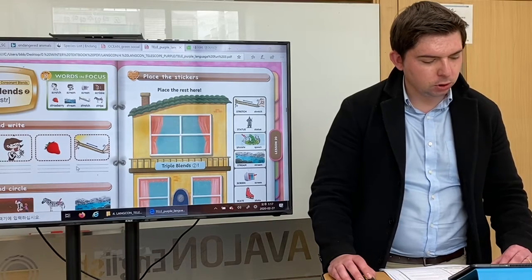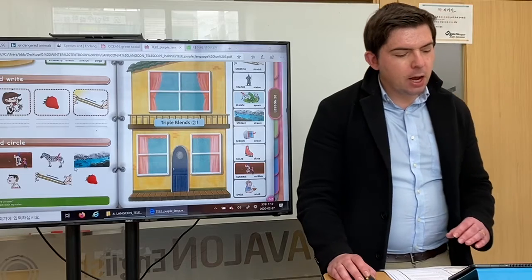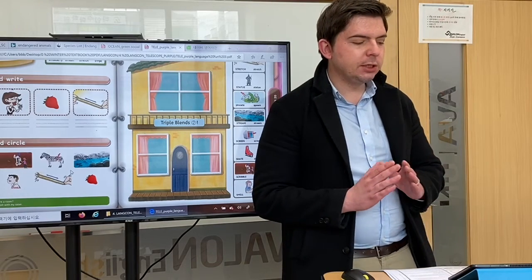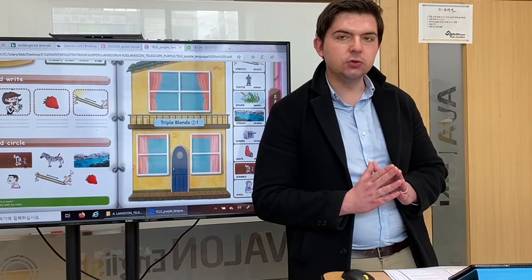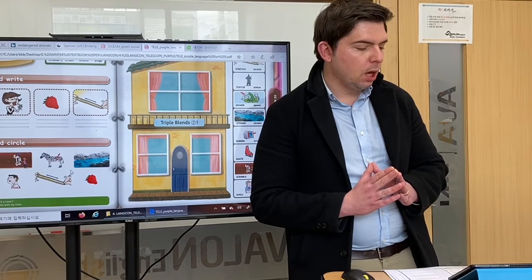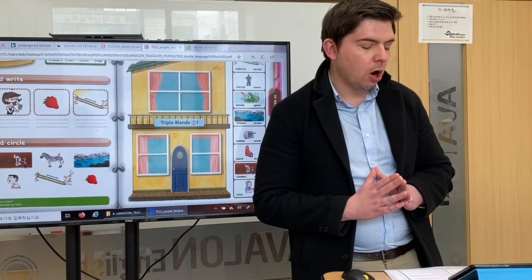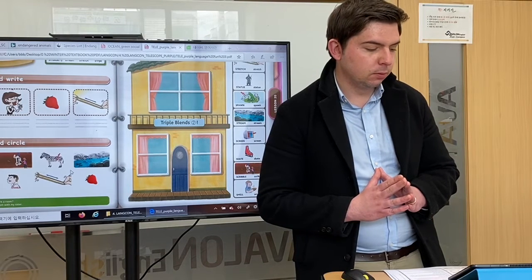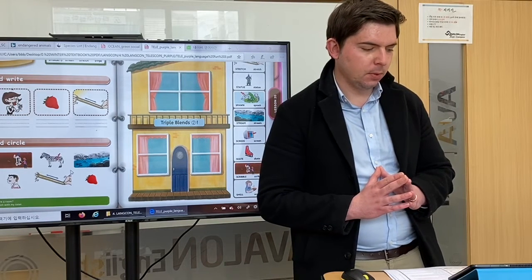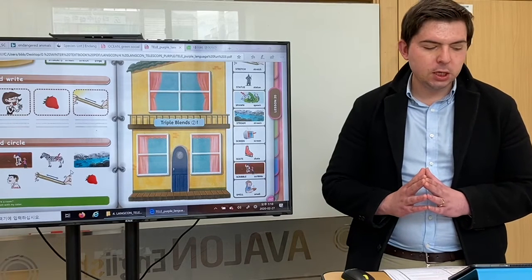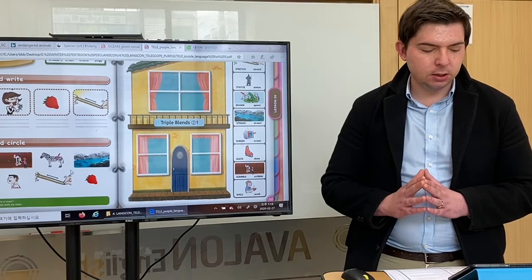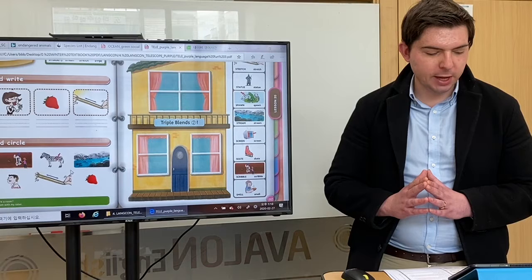Stretch. Good. Now, I'm going to say a few of these words, and you have to circle the picture. Are you ready? Yes. Okay. So first word, screen. Circle that.